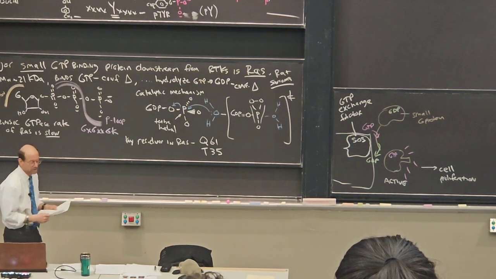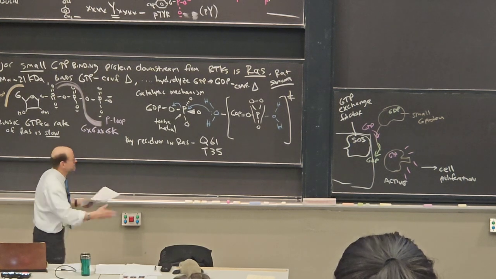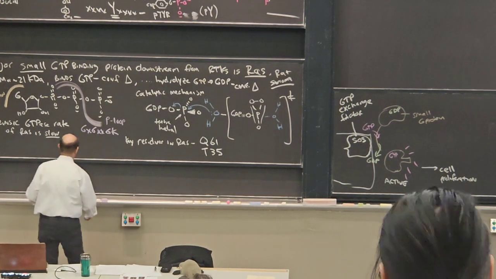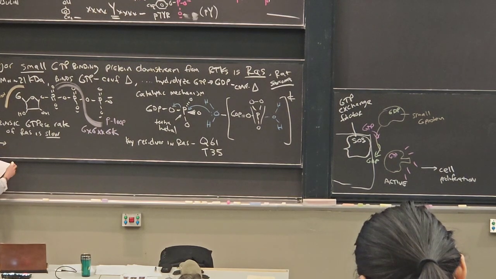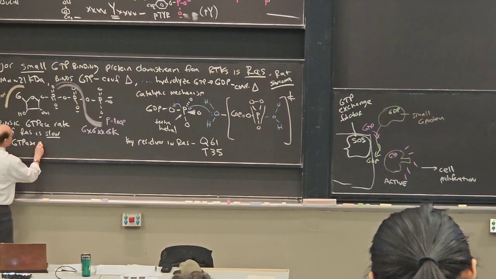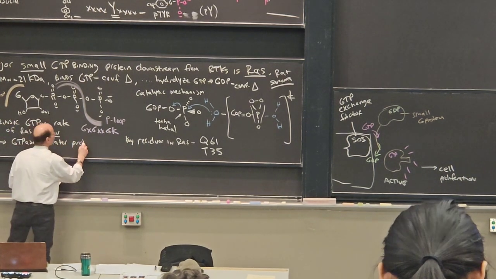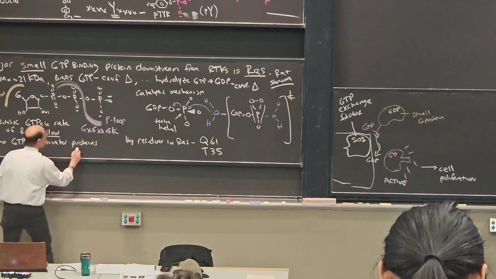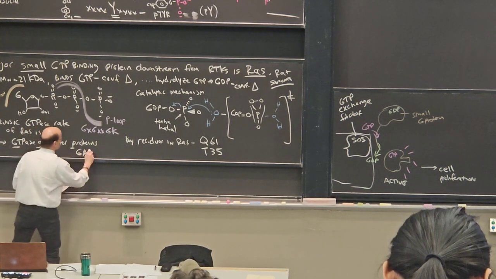And so to help it go faster, there are molecules that facilitate this, and these molecules are called GAPs, GTPase activating proteins, or GTPase activator proteins, GAPs.